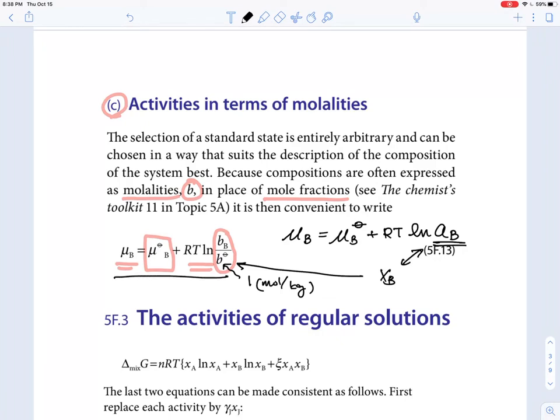So what I'm trying to say is this relationship between the standard state and the solute, and the chemical potential in the mixture for the solute, still retains this kind of functional relationship shown up here. Okay, so that's the general one.